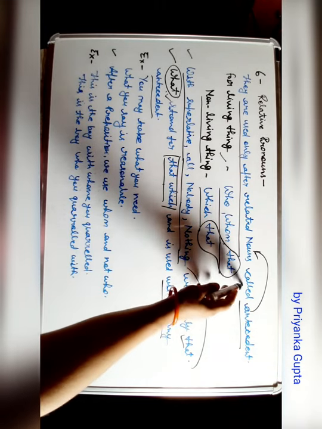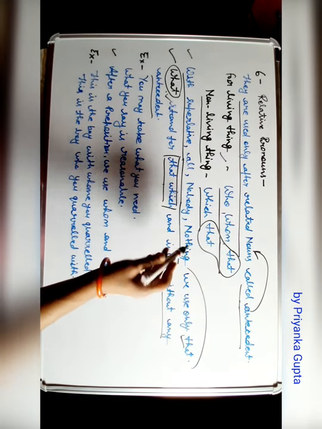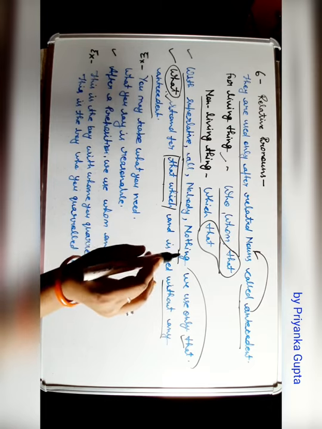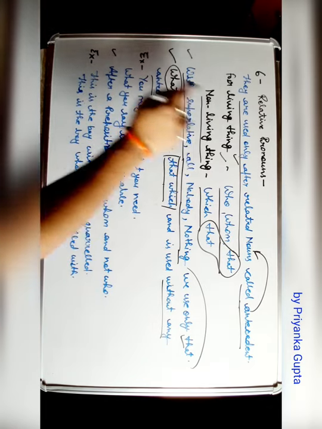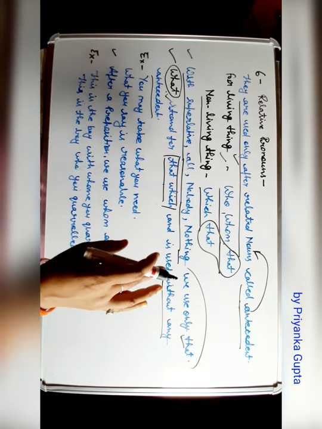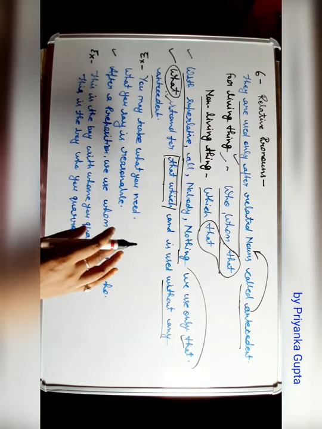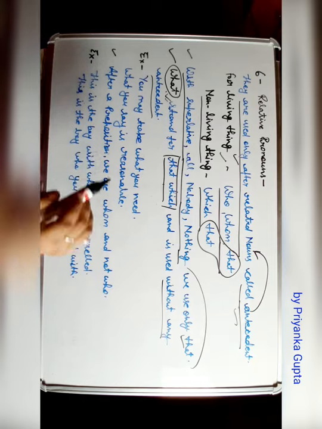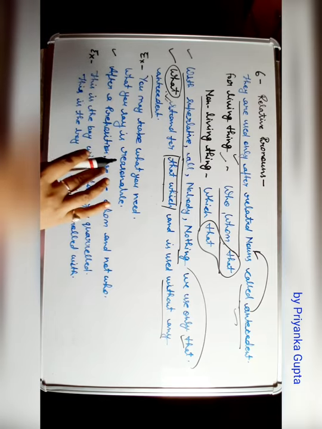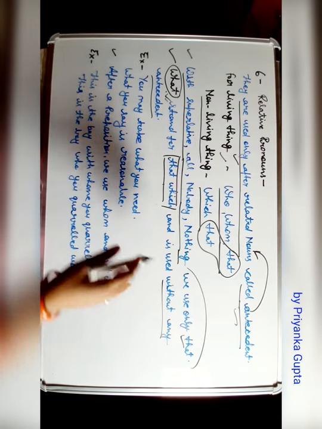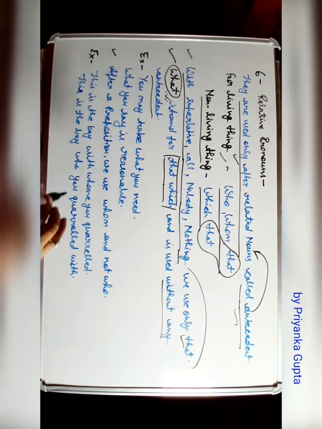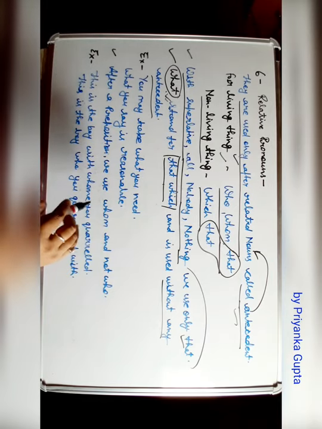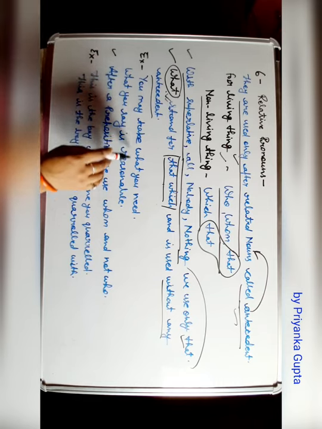Earlier we read that the relative pronoun is always used after a related noun, and that will be your antecedent. But what can be used without any antecedent. For example, you can see here, you may take what you need.